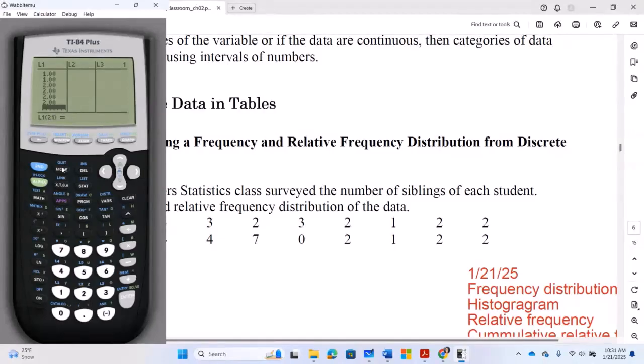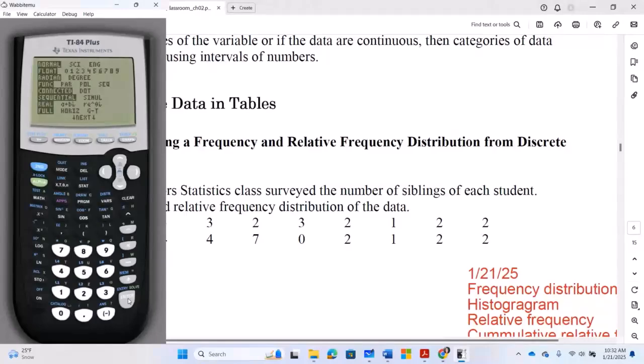Also, I want to go to the mode and make sure that it's some float. I also want to make sure that it is real, that I'm not calculating numbers that are complex.